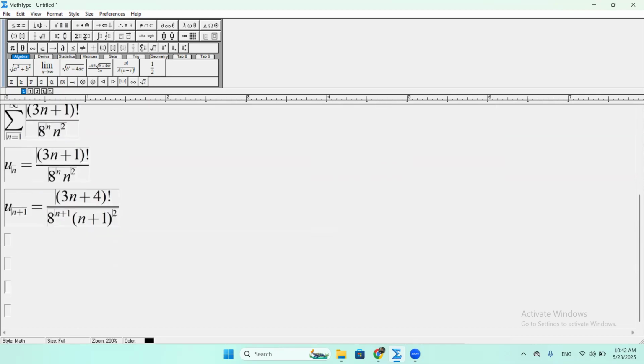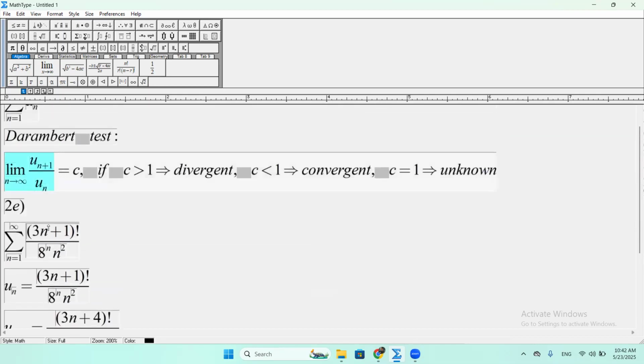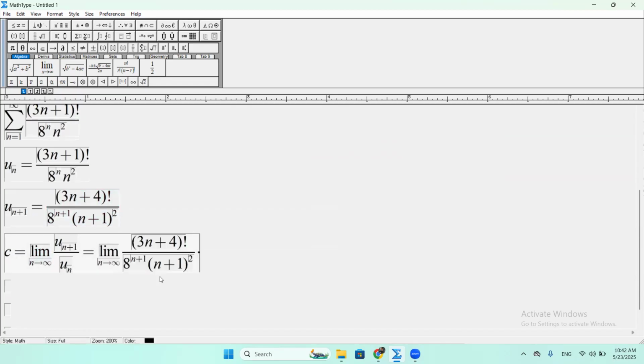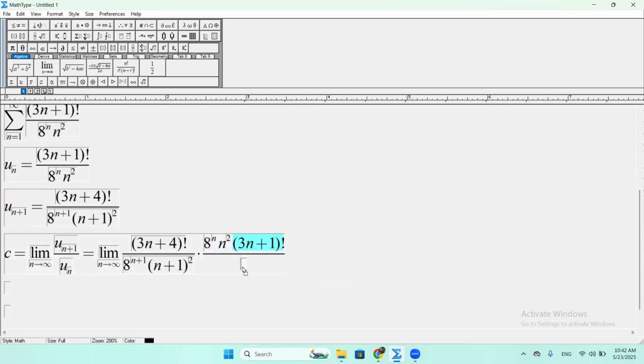Then calculating the limit. The limit will be the following, writing down this expression, now I will move this fraction.